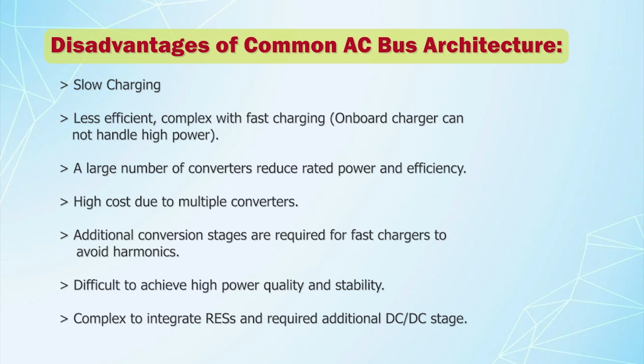In this case, if you want to integrate solar energy with the AC bus architecture, we require a DC-DC stage for MPPT, that is maximum power point tracking, and this DC-DC stage provides the duty cycle to the converter which we have utilized for conversion of DC power into regulated DC, and this converter will take care to draw maximum power from these resources.